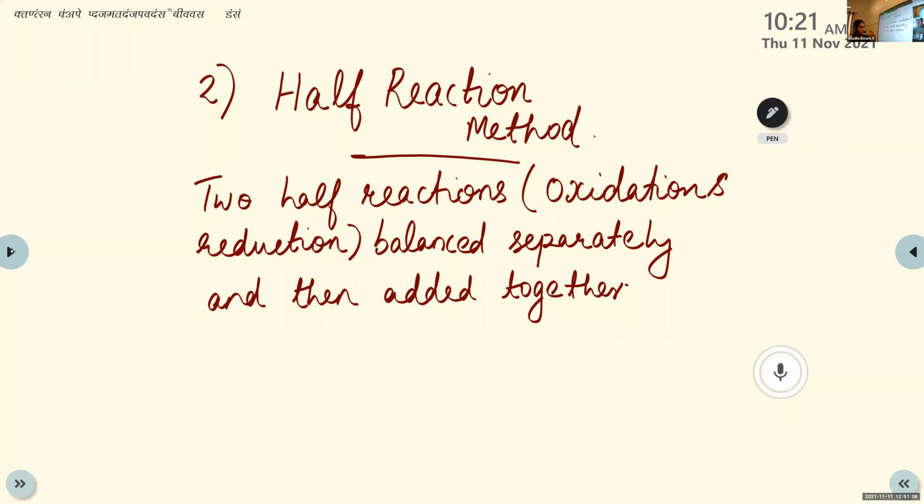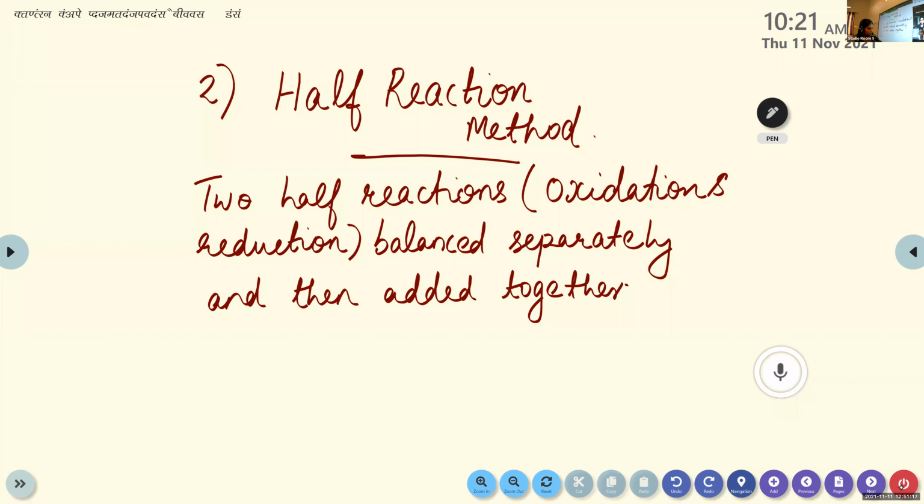Okay, now we can write a question. Then we can go through the different steps. Have we completed this one? Yes, okay. Then write down the question.